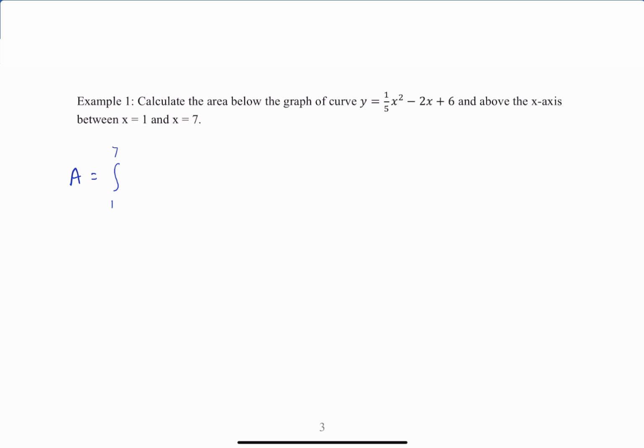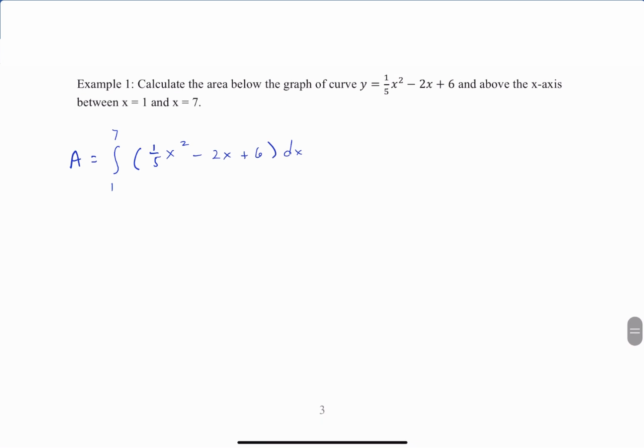Don't forget to label what you're calculating. We're calculating an area, so write A equals. The function is 1/5 x squared minus 2x plus 6, and we have our dx. And all we have to do to get the area is just evaluate that definite integral.